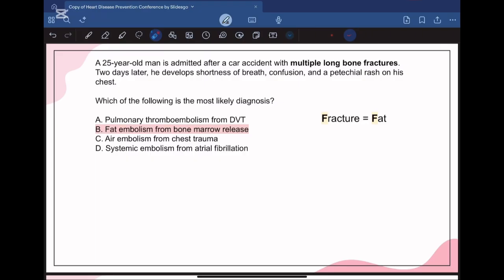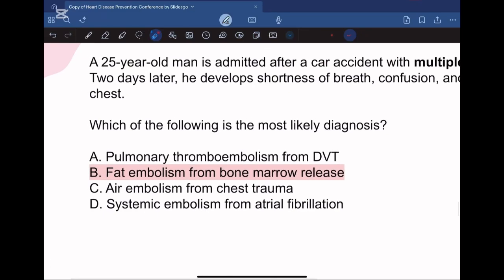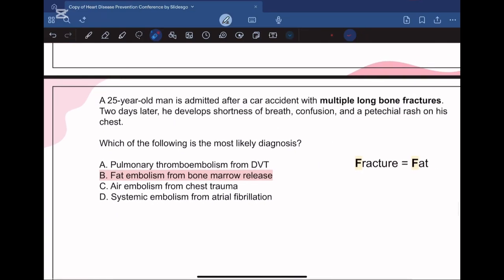Another thing, let's eliminate the other answers, for example pulmonary thromboembolism from DVT. Okay, this is literally where you can cheat from the answer.